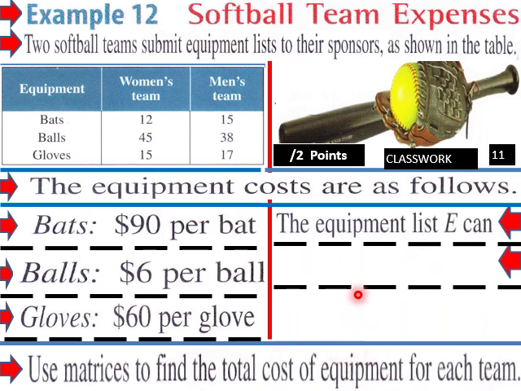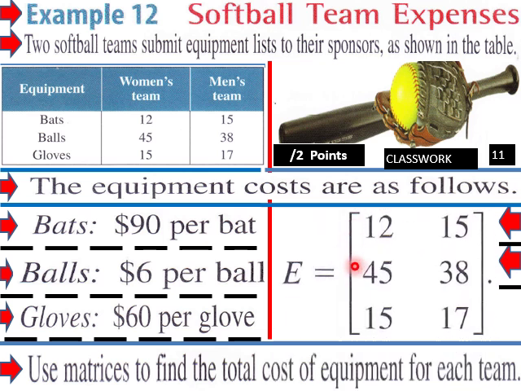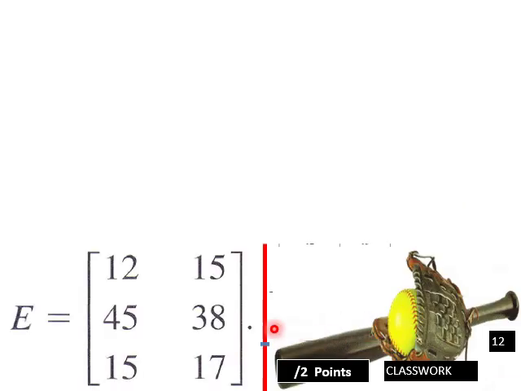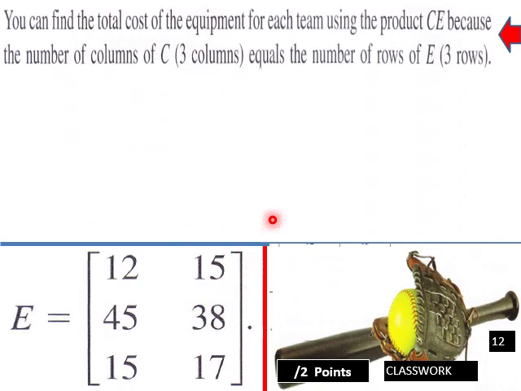So to do that, the equipment list E can be written as a matrix. So here's our matrix here for equipment: 12, 15, 45, 38, and then 15, 17. Once we have done that, here's our equipment matrix.